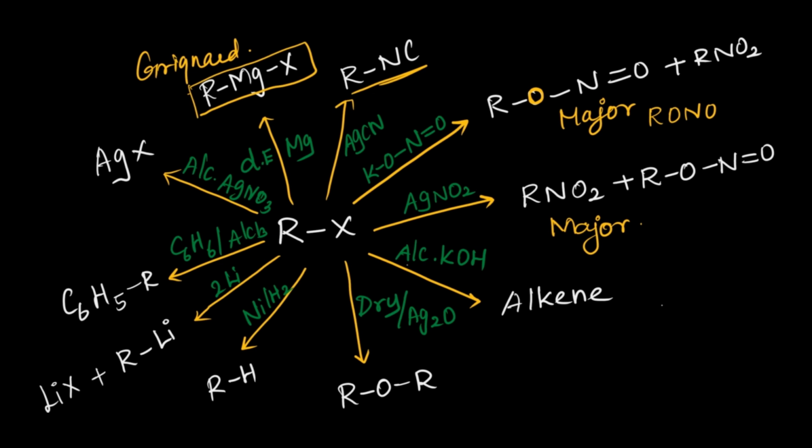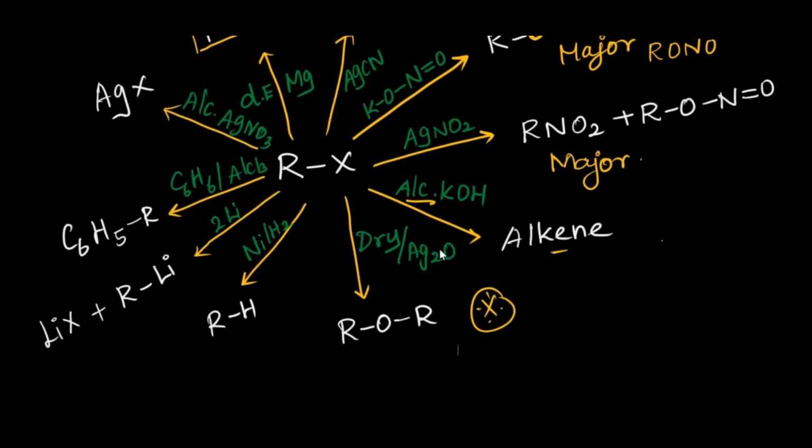I told you with alcoholic KOH, it gives us an elimination product, that is alkene. And this is also an important reaction asked many times. Moist Ag2O and dry Ag2O. Dry Ag2O produces ether. With nickel and hydrogen, nickel as a catalyst, it gets hydrogenated to form alkane.